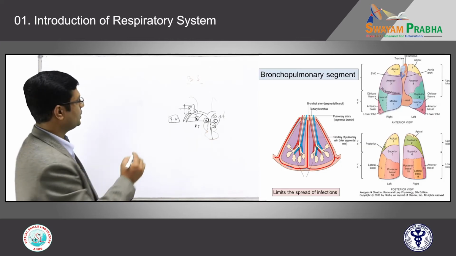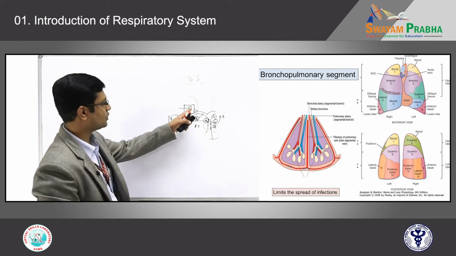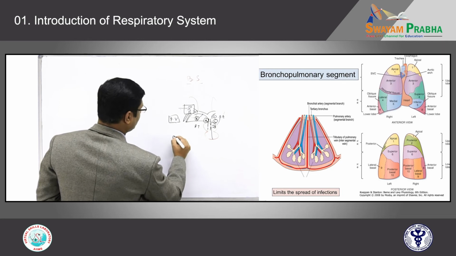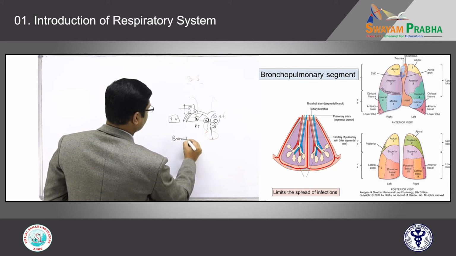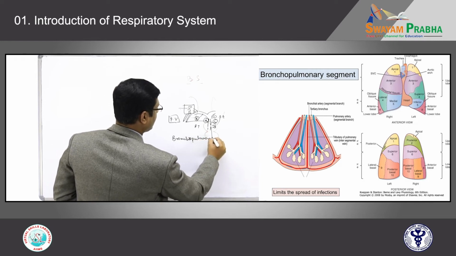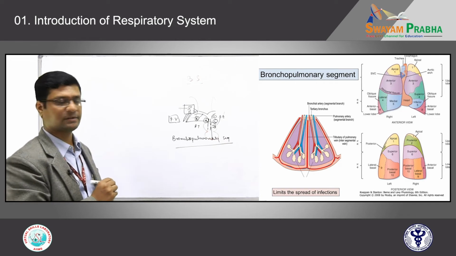Before I go in detail about the circulation at the parenchymal level, I will talk a few lines about the bronchopulmonary segment. This is very important. What are these bronchopulmonary segments?